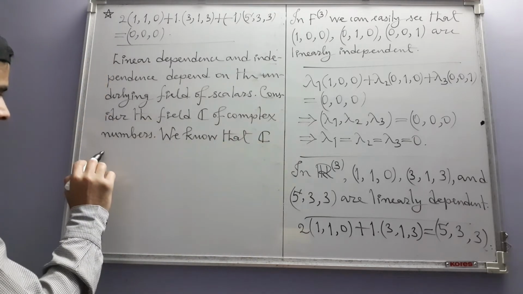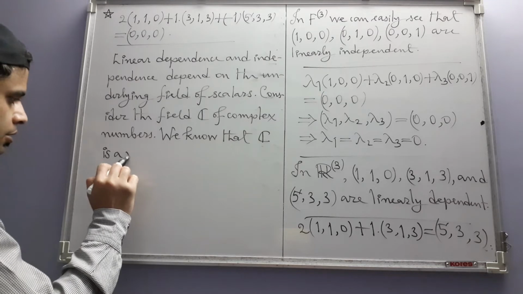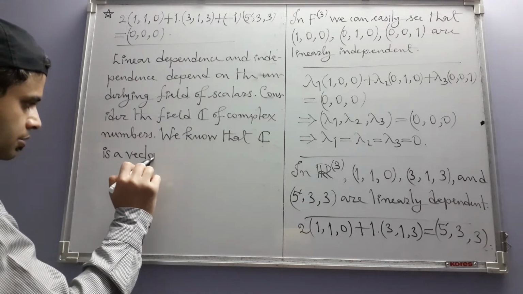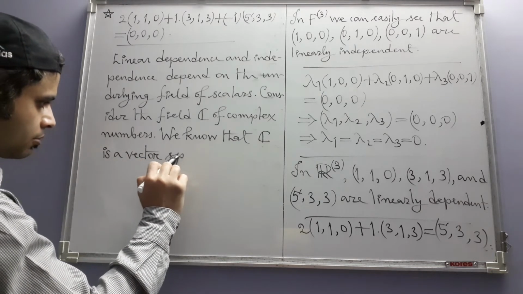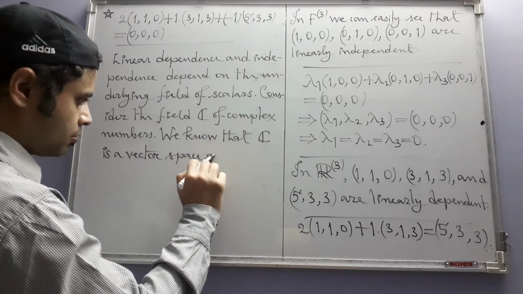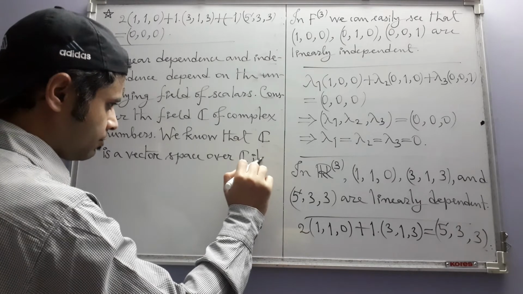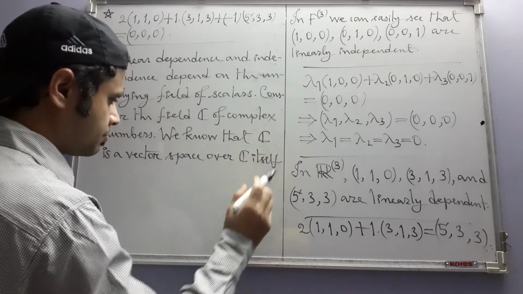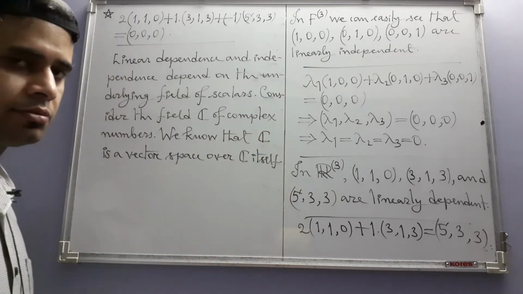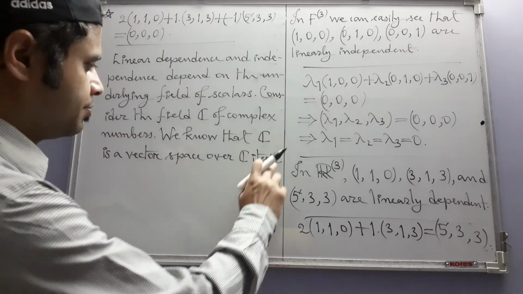We know that this is a vector space over itself, just like every field is a vector space over itself.